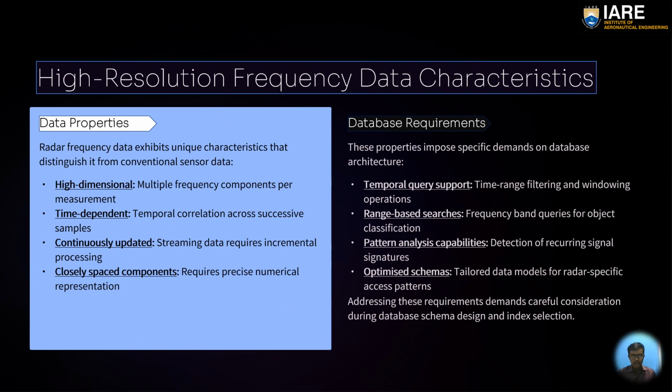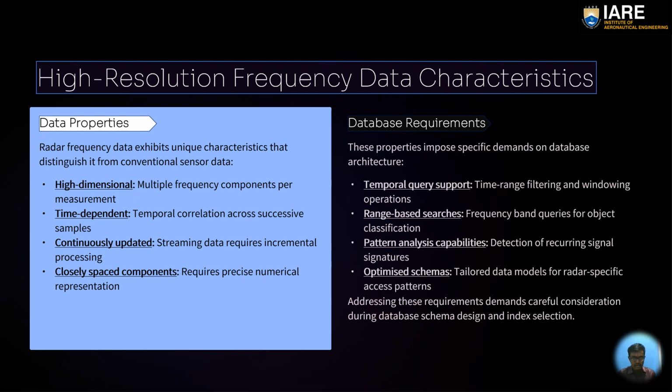Now let's go through high resolution frequency data characteristics. Here we have to discuss about data properties. The radar frequency data exhibits unique characteristics that distinguish it from conventional sensor data.